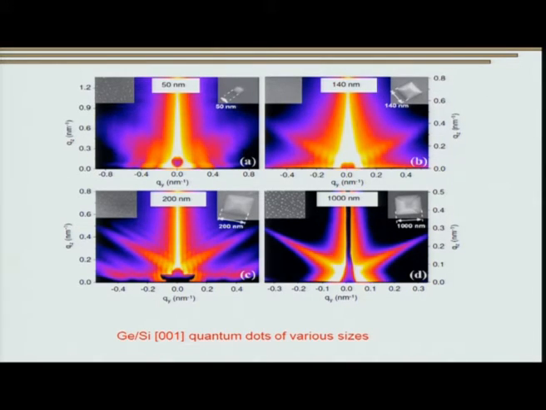Here you see that as the quantum dot is growing, there is a change in the scattering pattern, and all these things can be confirmed by doing, say, AFM or scanning electron microscopy. So, we can see that with the deposition condition we can look at how the quantum dot is evolving in shape as well as size.